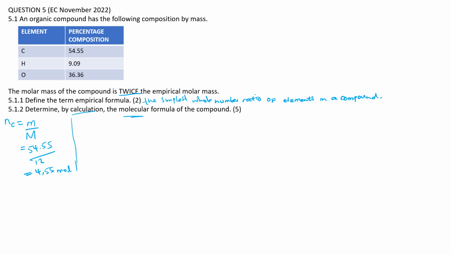And then we find the number of moles of hydrogen, which is 9.09 divided by 1. Obviously, you start with mass over molar mass, which is going to be 9.09 mole. And then you calculate the number of moles of oxygen, mass over molar mass, 36.36 over 16, since oxygen is 16.